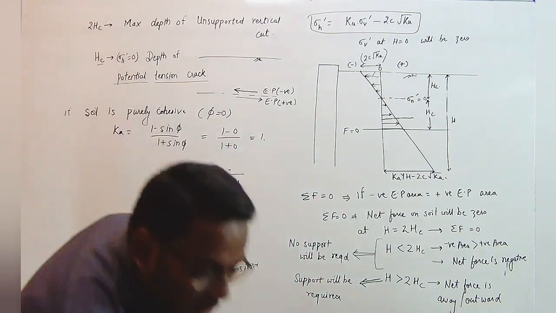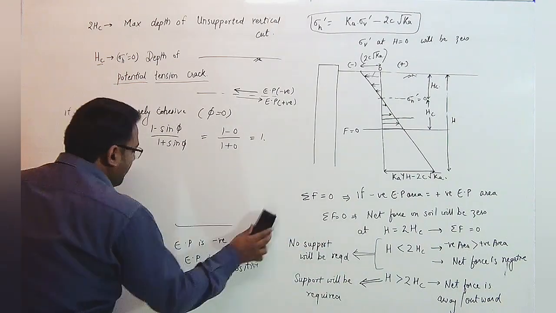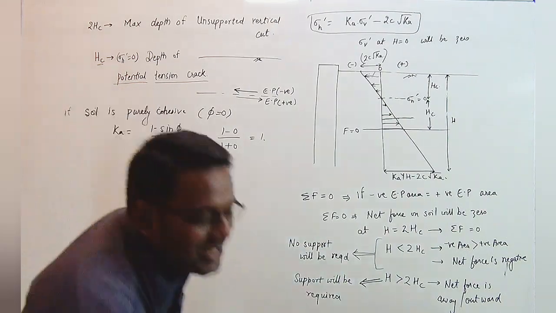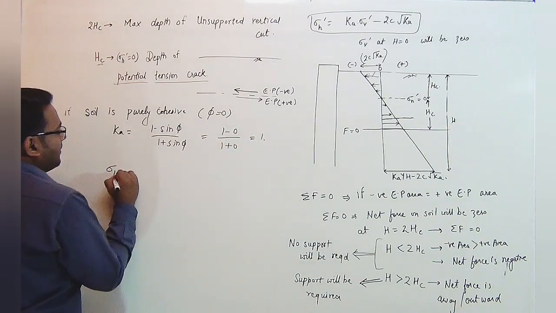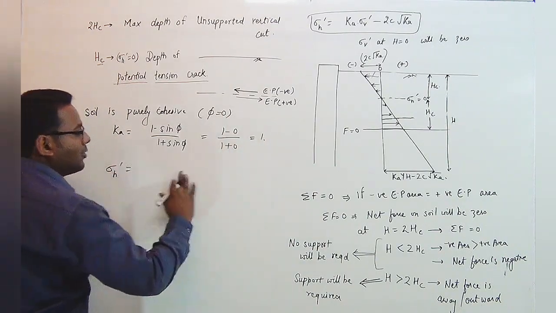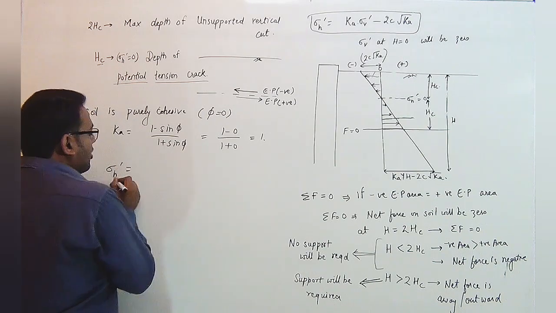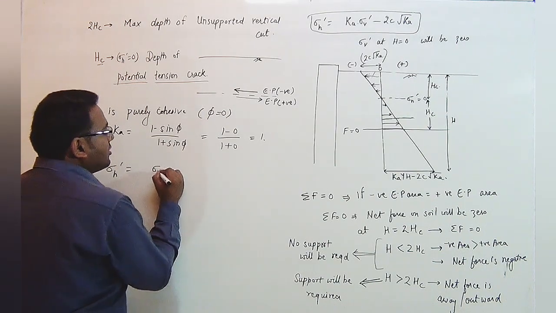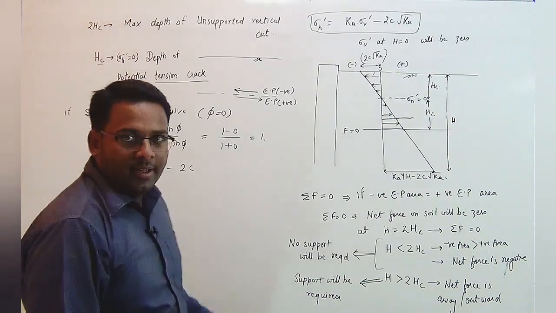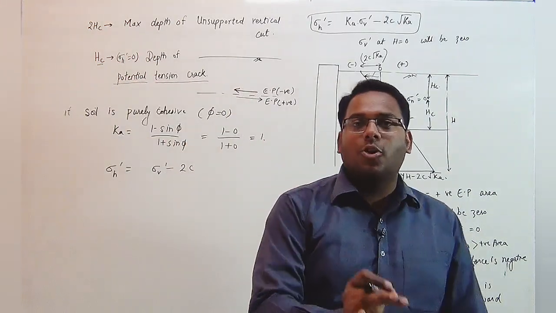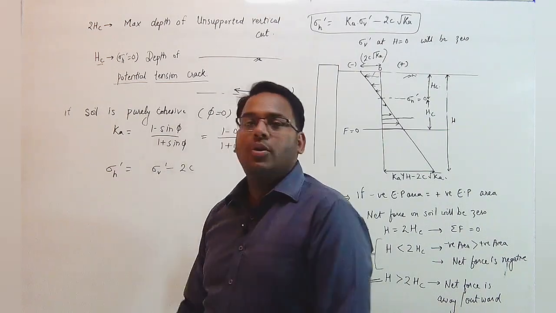That means for purely cohesive soil, the formula gets slightly changed. The value of Ka equal to 1 is entered in the equation, and the formula for sigma H dash will be equal to sigma V dash minus 2C. So this is a very simple formula for purely cohesive soil.